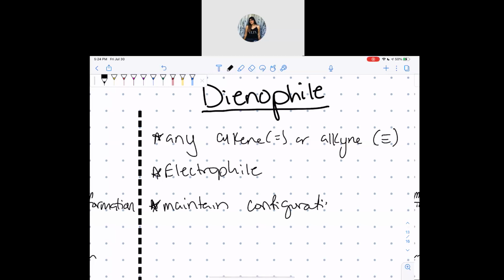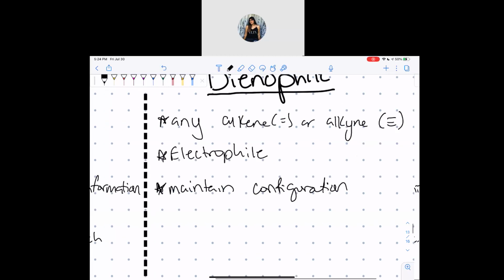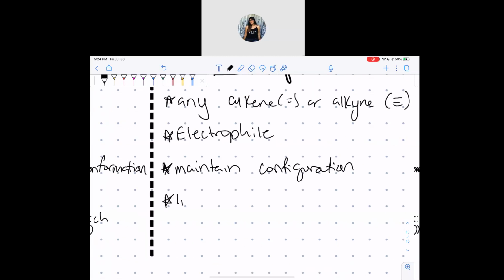So if we start cis, we end cis. If we start trans, we end trans. And they're going to like electron withdrawing groups because they steal electron density and make it more electrophilic.